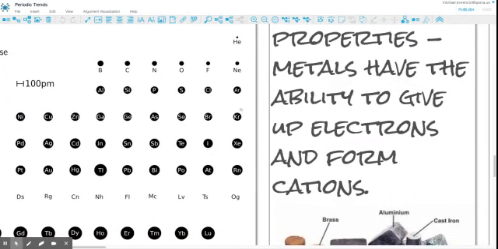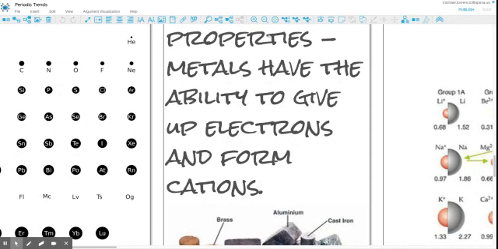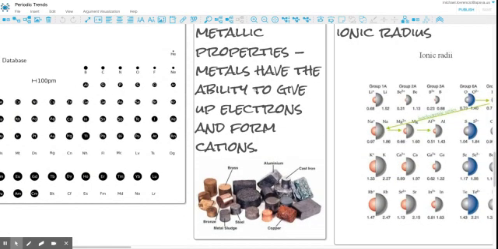When we talk about metallic properties, those group properties, we see that the ability for atoms to lose electrons means that those very outer valence electrons seem to be less tightly bound to the nucleus. As we move across the period and the overall effective nuclear charge increases in relation to the number of electrons and the size of the atom, we go from elements being metals to elements being nonmetals.